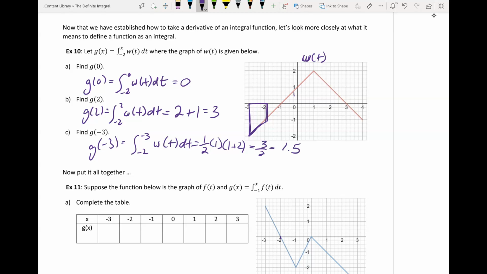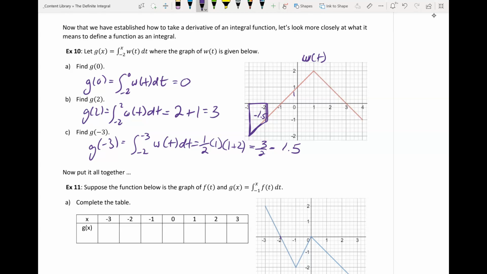Now we need to think about if this area is going to be positive or negative. We initially will think it's negative because it's below the x-axis, but if you look at our bounds, we're going from -2 to -3.